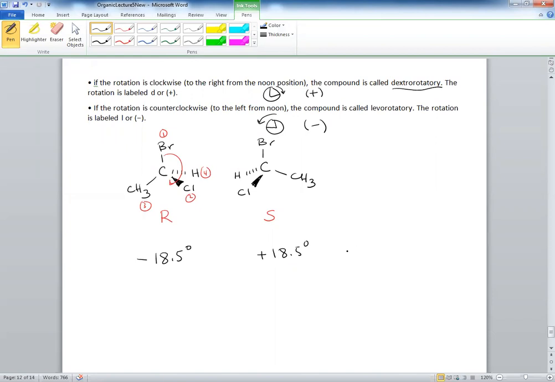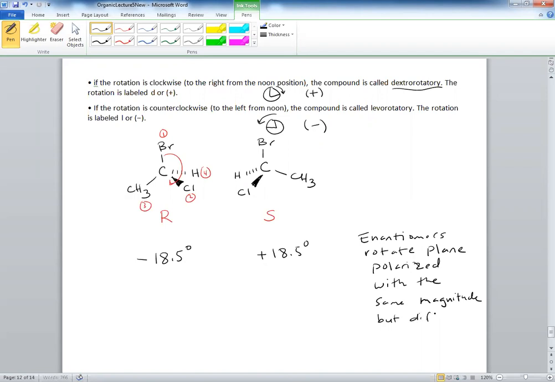So the enantiomers rotate plane polarized light with the same magnitude, meaning the same extent, but different rotation. Or you can say the direction, positive or negative.